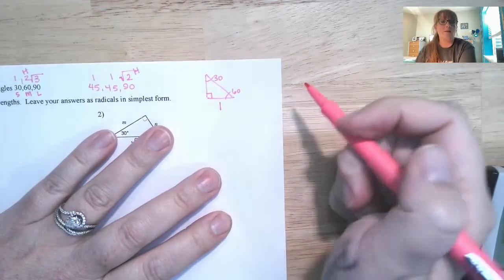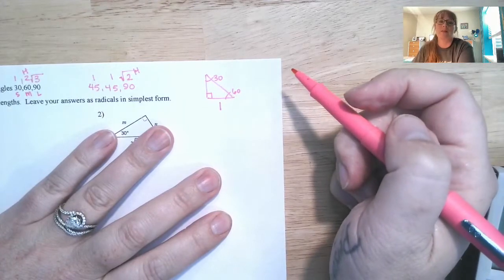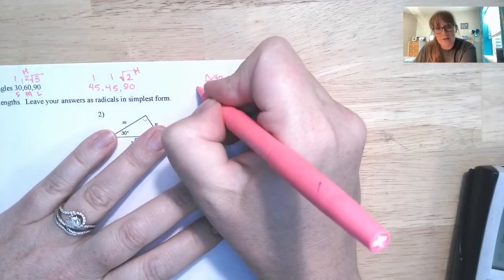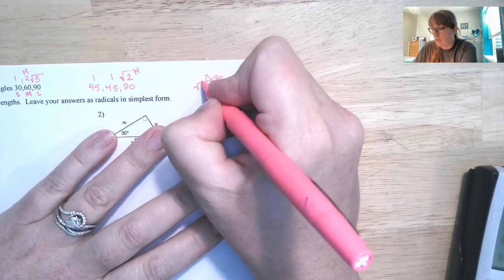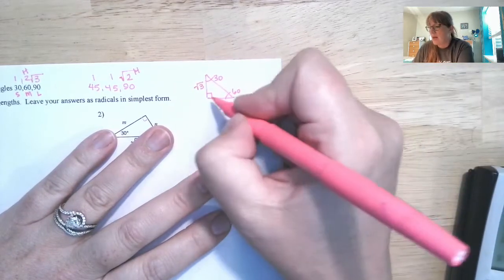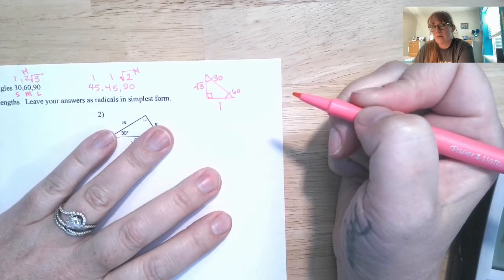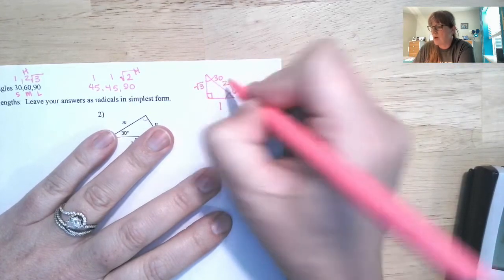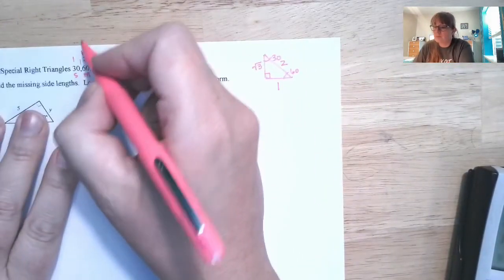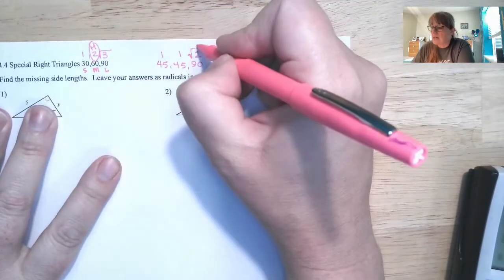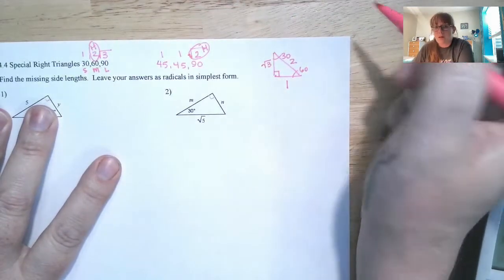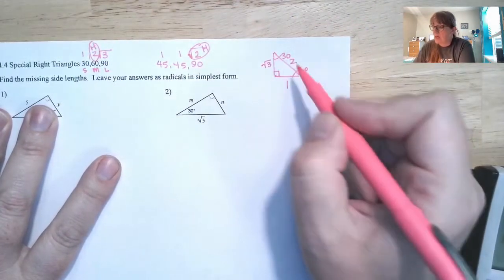So we have 1, 2, and root 3, which is 1.7. Well, 1.7 is the medium one, so we're going to make that root 3. 90 is our largest angle, so our largest side goes across from that, which would be 2. And then also remember, we talked about the hypotenuse is always a 2 of some sort. So we have a 30-60 degree triangle here.